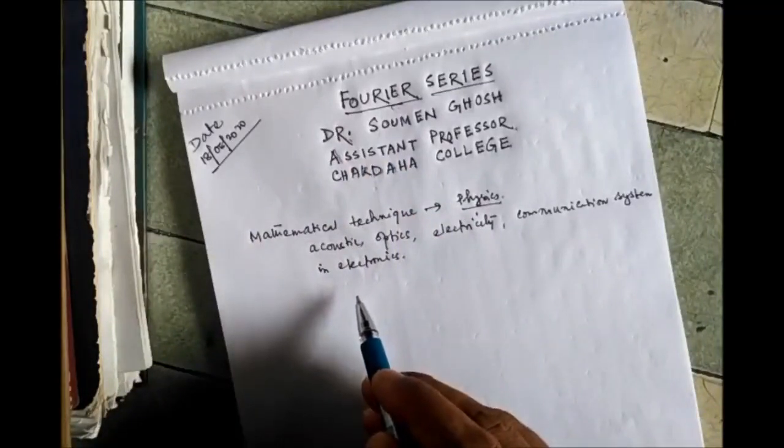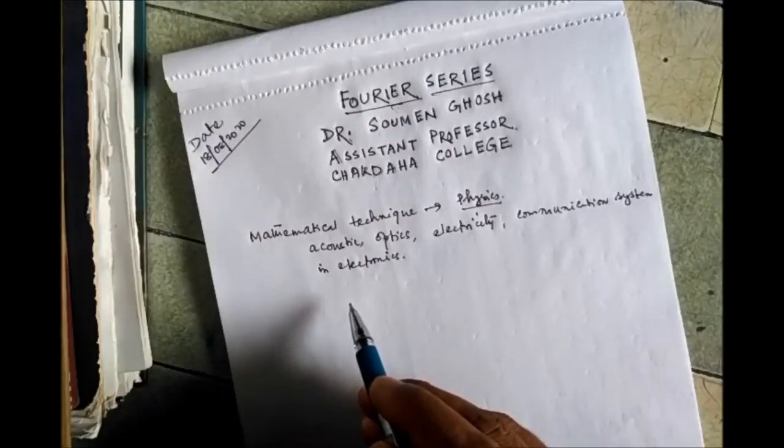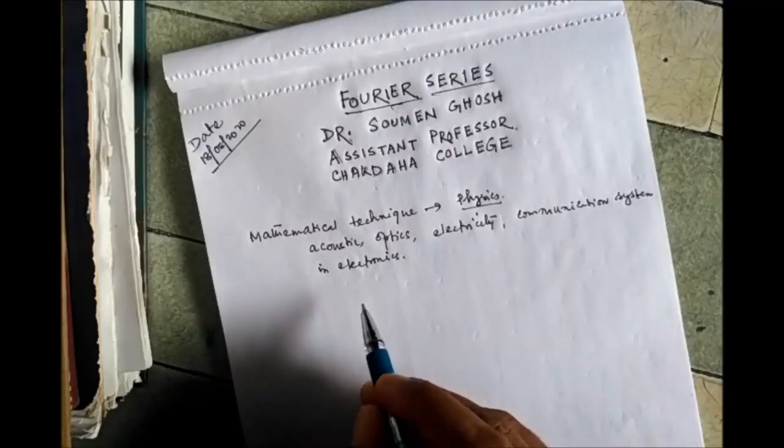Even in quantum mechanics. So Fourier series basically determines the sine and cosine oscillations which are compounded to obtain a given result.